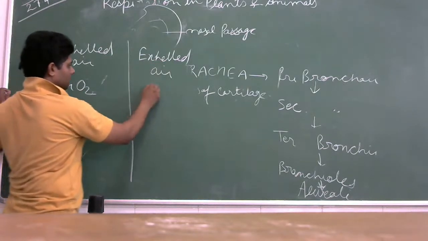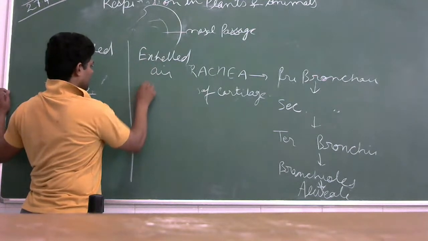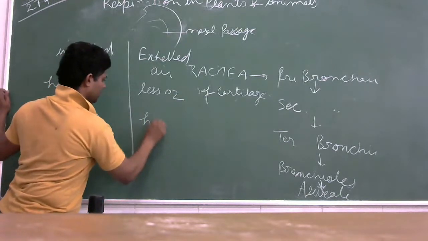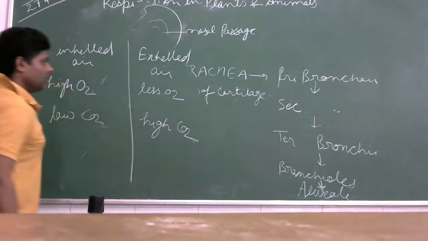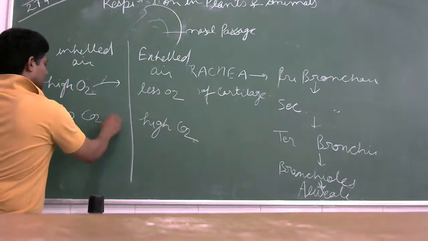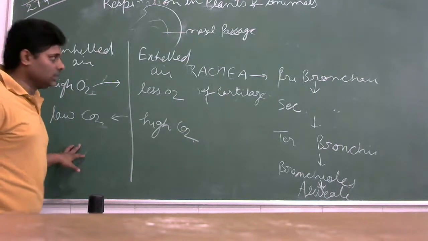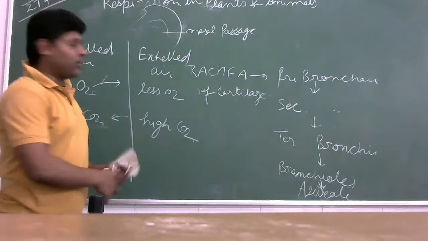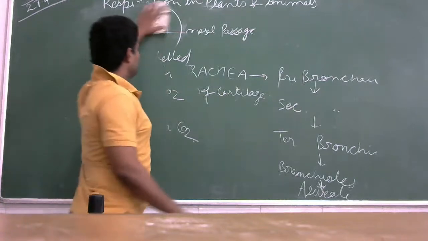Exhaled air, or blood, has less oxygen and high carbon dioxide concentration. Okay, so oxygen will move inside from the lungs to the blood, and carbon dioxide will move into the lungs and ultimately out of the body. So this is all about the respiration of plants, small organisms, and higher organisms.